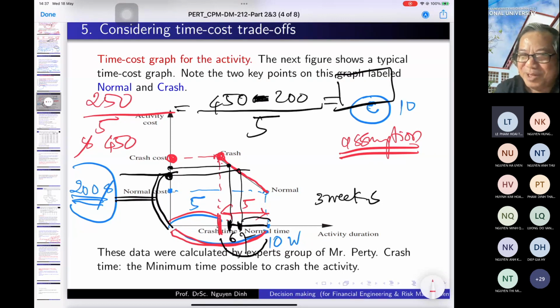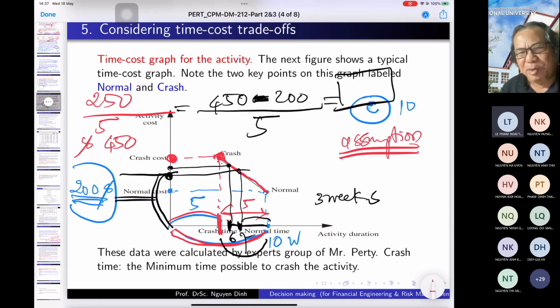That is one assumption: that the crashing cost is linear, so that we can make a reduction. For example, for this node we can reduce 3 weeks, and the money we have to pay is $300,000.